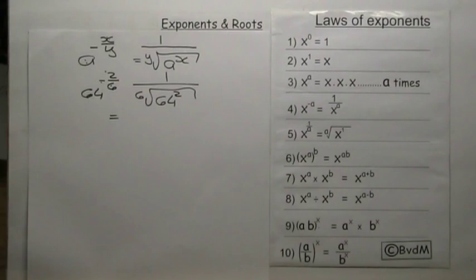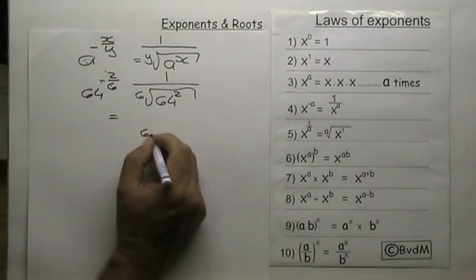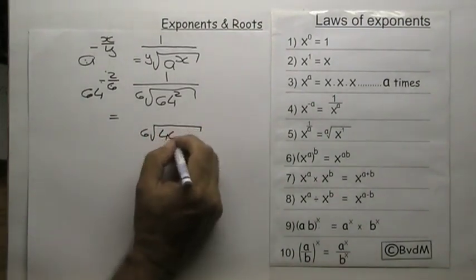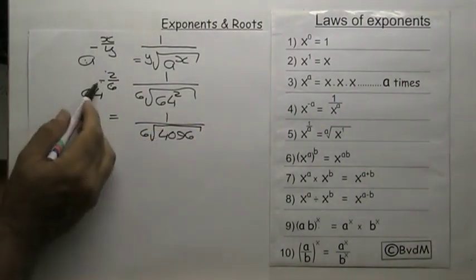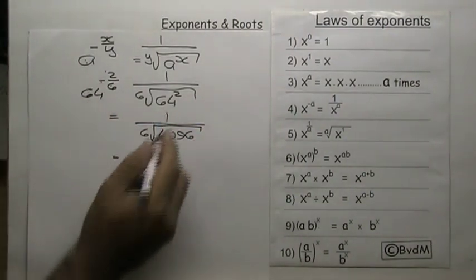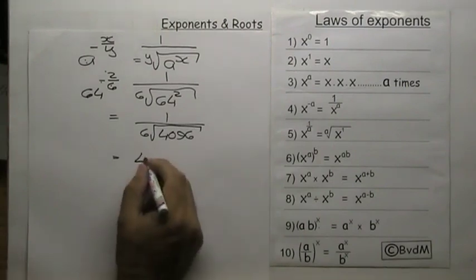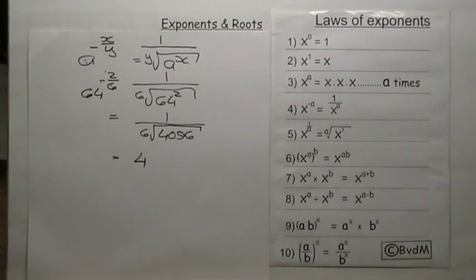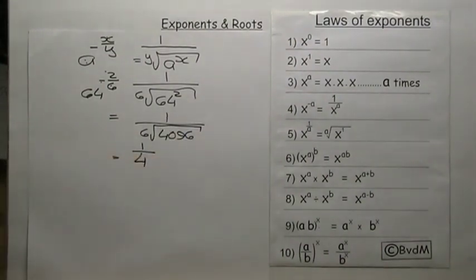So what we have now is 64 squared, which is 4096, under the 6th root. The inverse of that, the minus is the inverse. And the 6th root of 4096 is, let's see, 4. But it's the inverse. So the answer is a quarter.